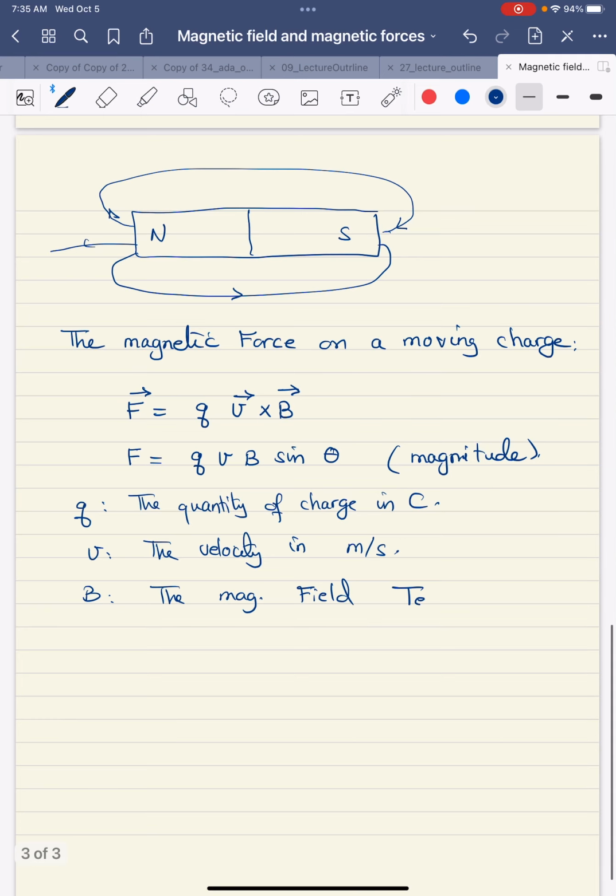This is the unit, this is a new unit. Therefore, here I will say, depending on the angle between V and B, we are going to have the magnitude. Now, there is a very special case.